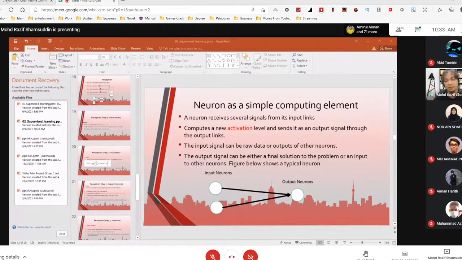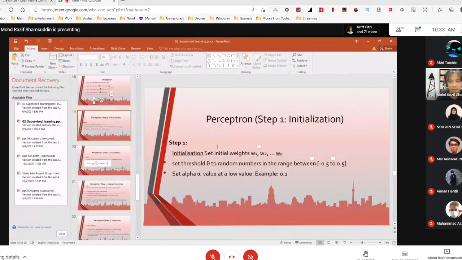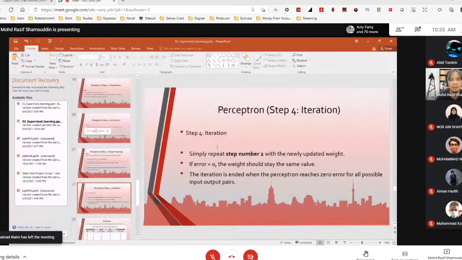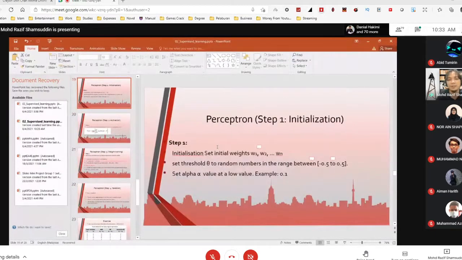Because, okay, I looked back at my explanation, we have initialization. Okay, I will go through this very fast. Initialization, activation, weight training, and iteration. What happens in initialization is that during the initialization, all the parameters and variables are set to a value.